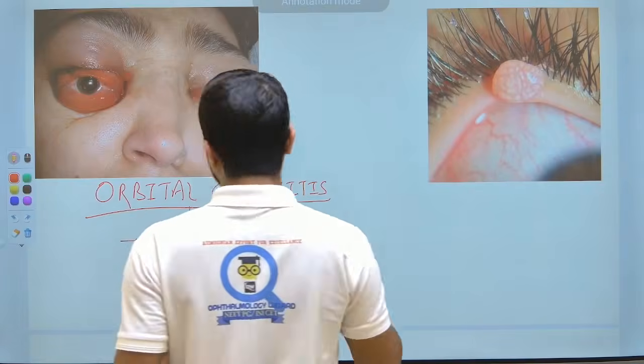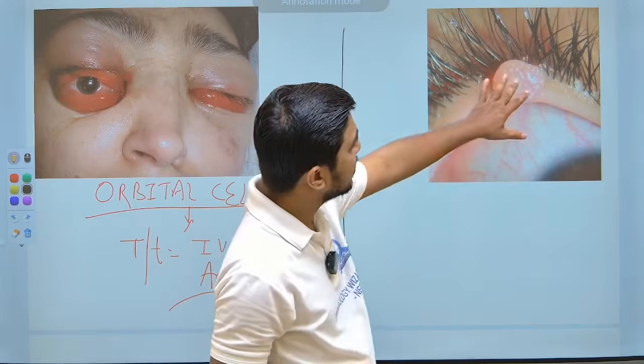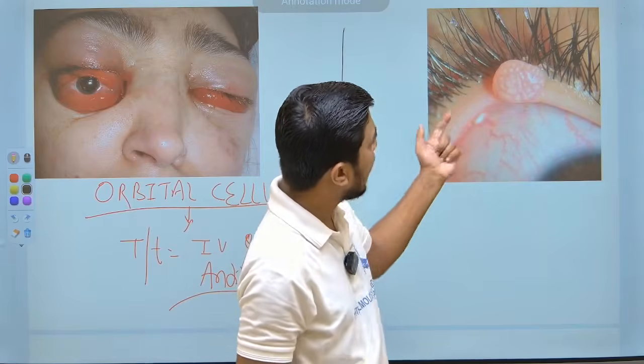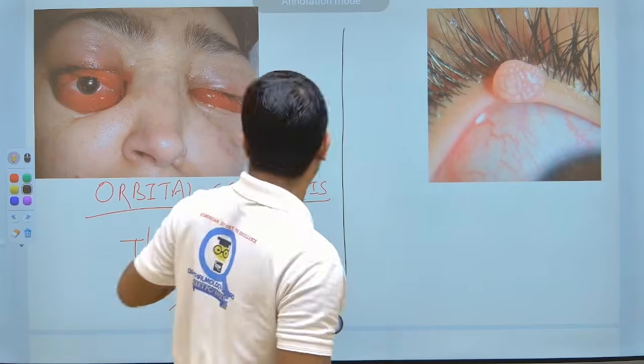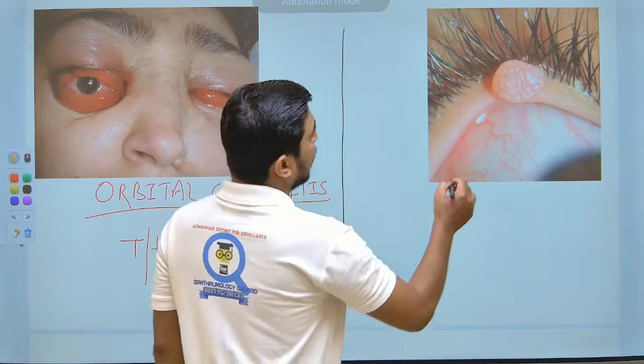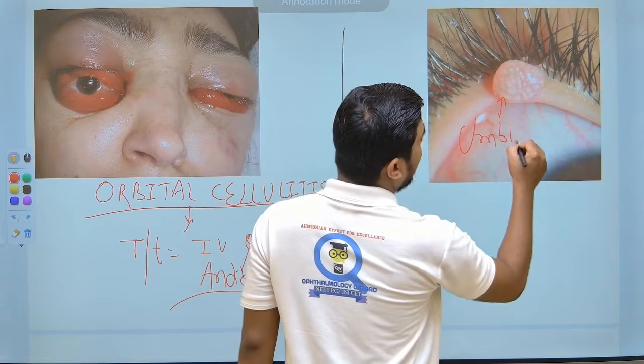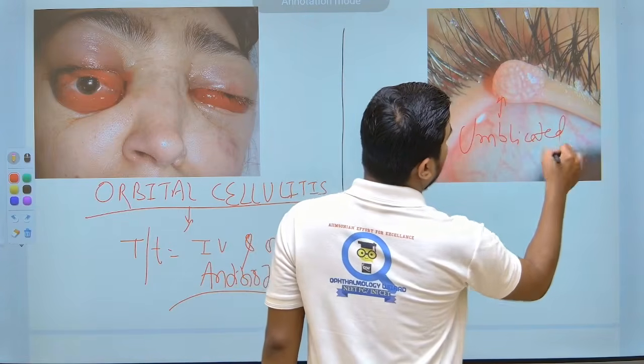Okay, now coming to this point, what is this? This is an eyelid. Yeah, eyelid hai. What is this? This is the umbilicated type of lesion. ये एक umbilicated lesion है. Umbilicated lesion.